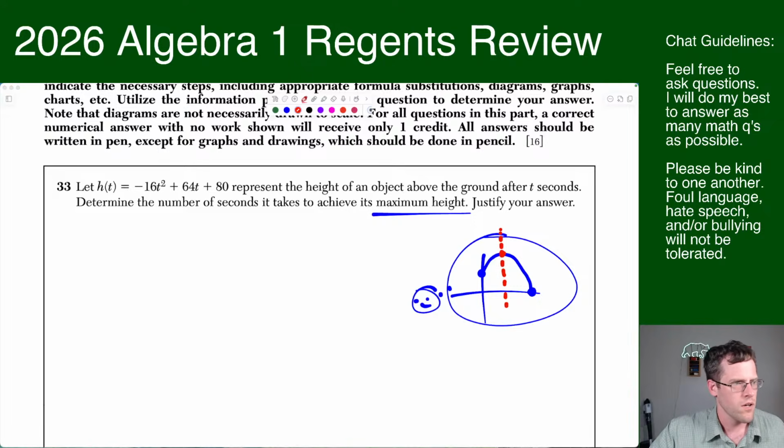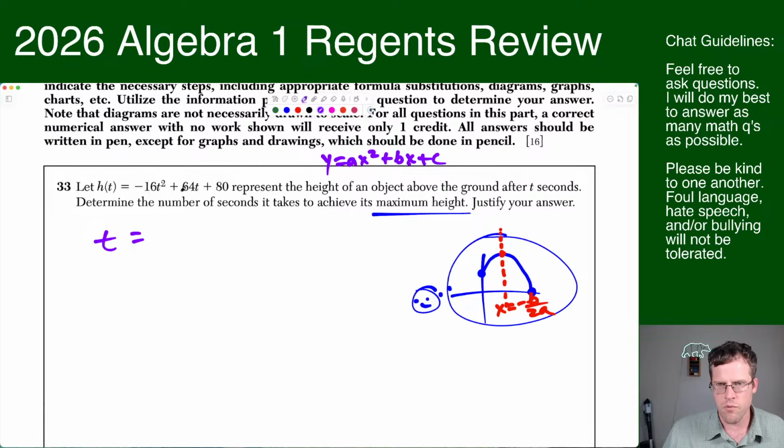Okay, so if you look, the equation of the axis of symmetry, they tell you x equals negative b over 2a. So I could do that because they said determine. They didn't say algebraically, but let's say I want to use that. I would say, all right, t equals, and remember, it's always y equals ax squared plus bx plus c.